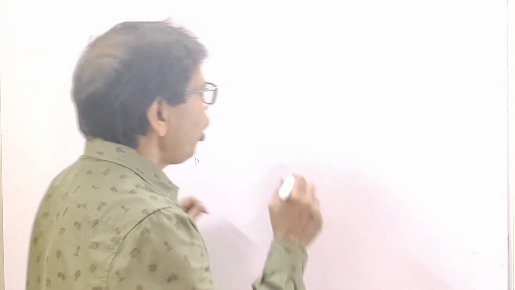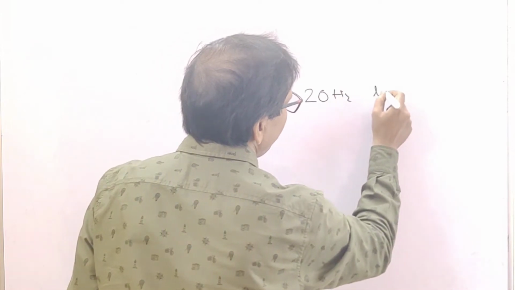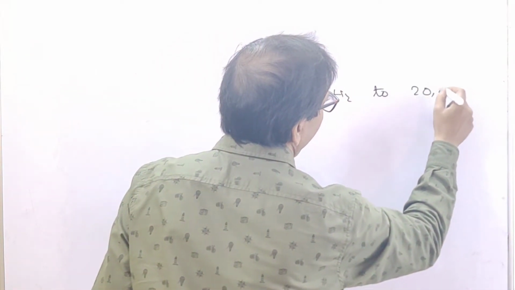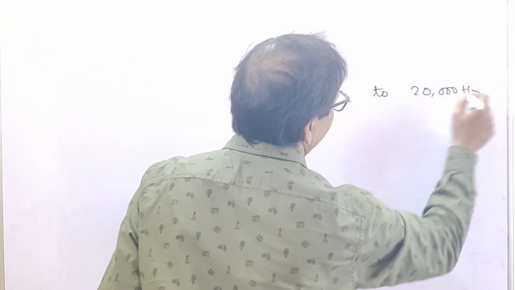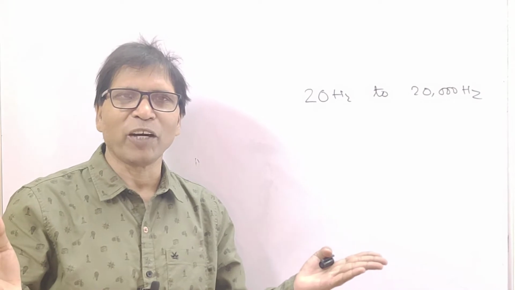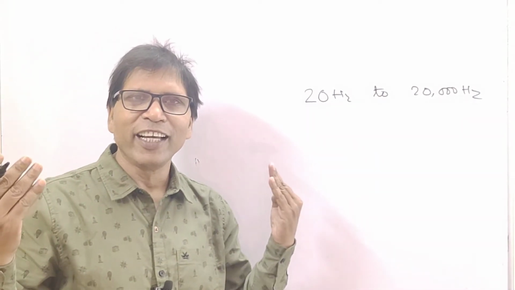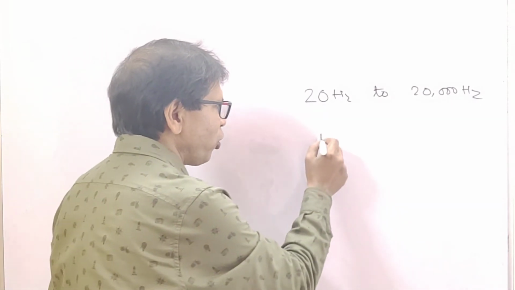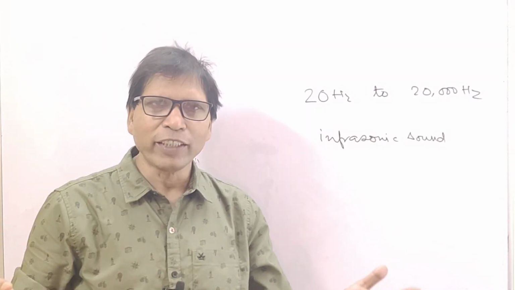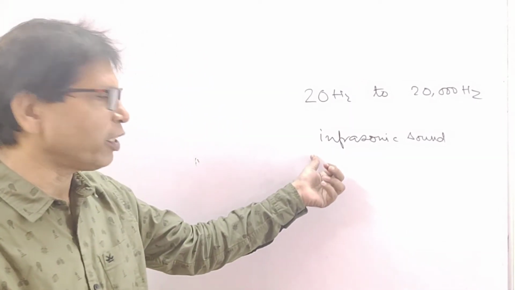Now, the audible range of sound. The sound of frequency from 20 Hz to 20 kilohertz that human beings hear is called the audible range of sound. Now infrasonic sound. Sound of frequency less than 20 Hz is called infrasonic sound. Rhinoceros, elephant and whale can hear infrasonic sound.